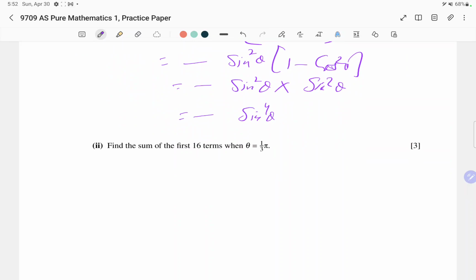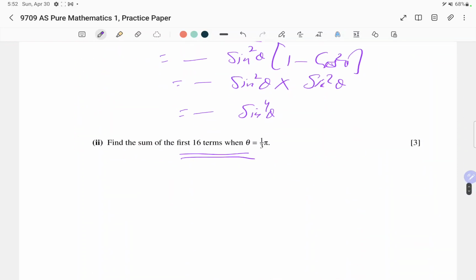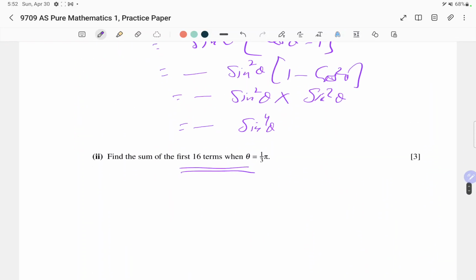Find the sum of the first 16 terms when theta is pi over 3. This is related to part B, so it's for AP. Now Sn is n over 2 times 2a plus n minus 1 d, we know that.